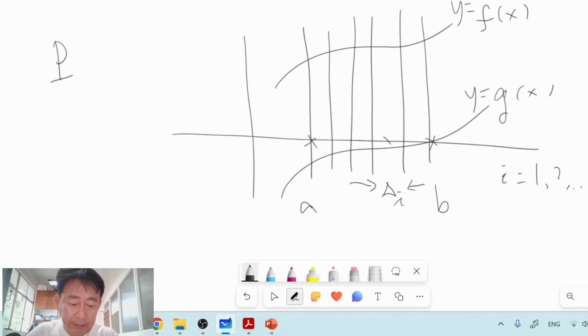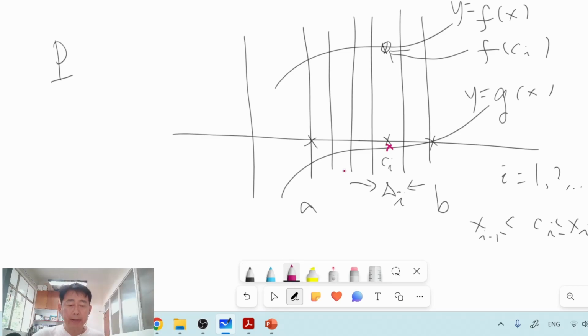In each column i, we choose a value c_i that is sitting between x_{i-1} and x_i. The value of the function on the curve f at this particular value of x is f of c_i, whereas the value for the function g at x equals c_i is given by g of c_i.